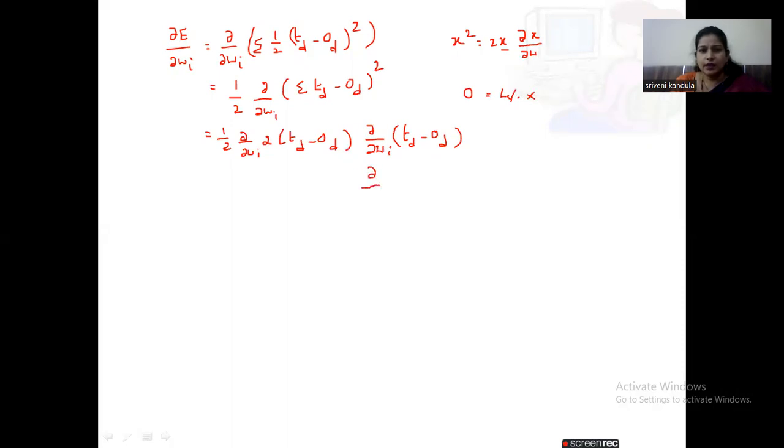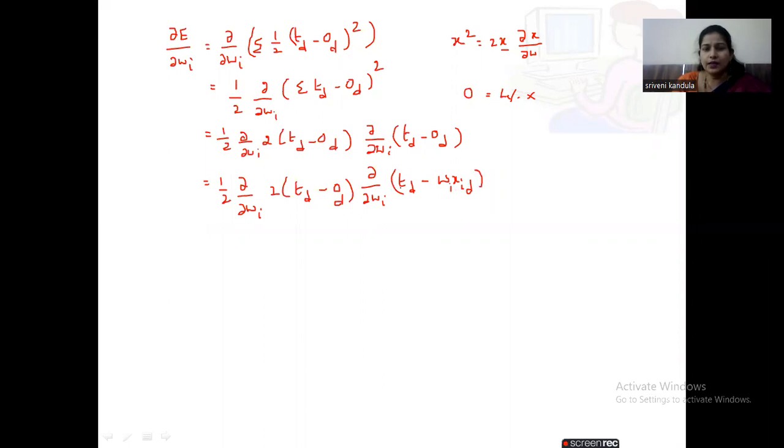So I can rewrite this as ∂/∂Wi of (Td minus W·Xd). Here we are just substituting the formula for the output, and for instance d it is Wi Xid.